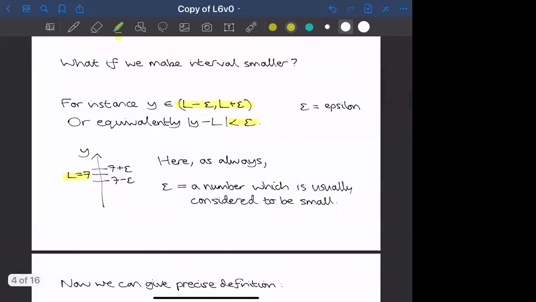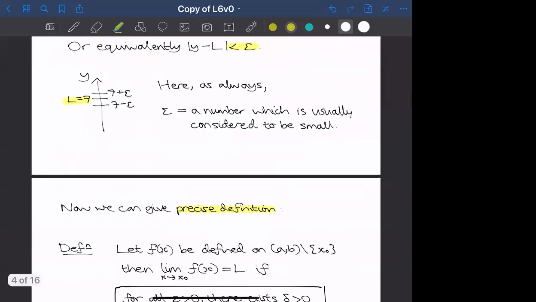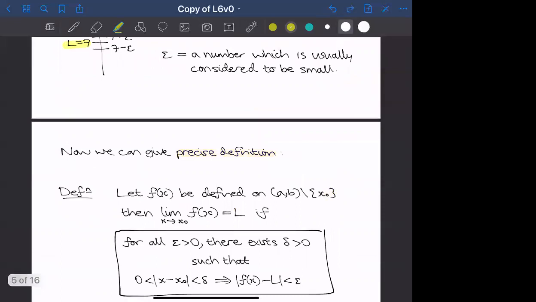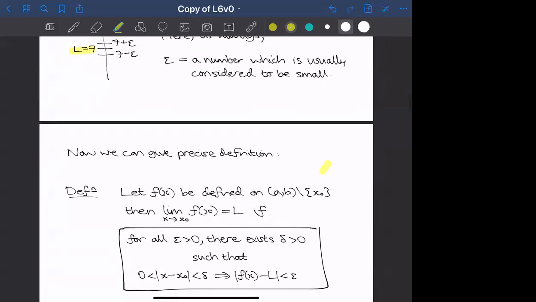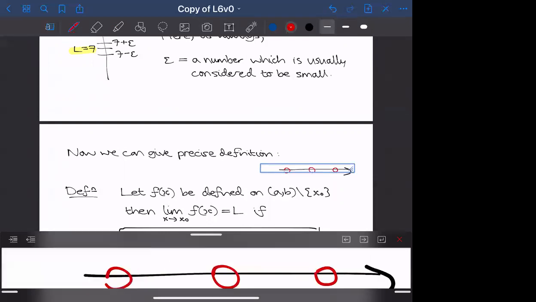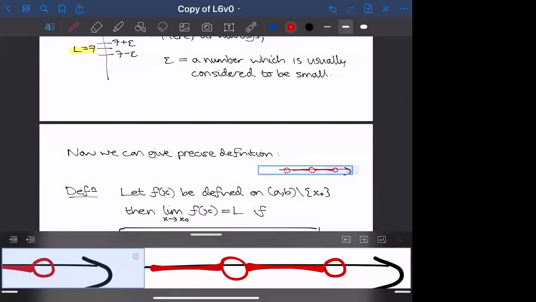Okay, and now we can give the precise definition of a limit. So let the function f(x) be defined on another one of these domains where we have points A and B and a removed point between them.